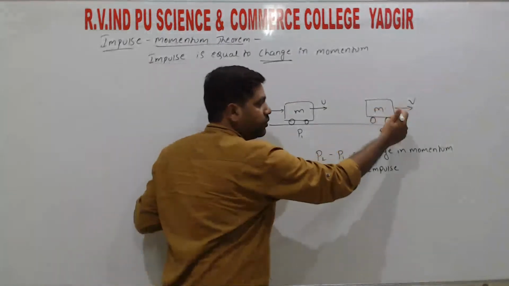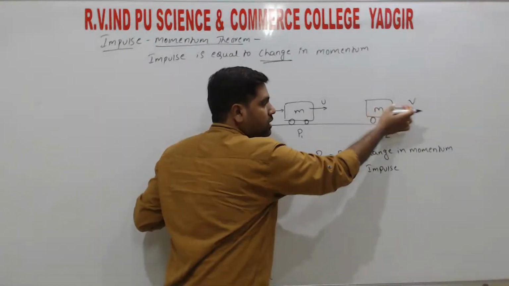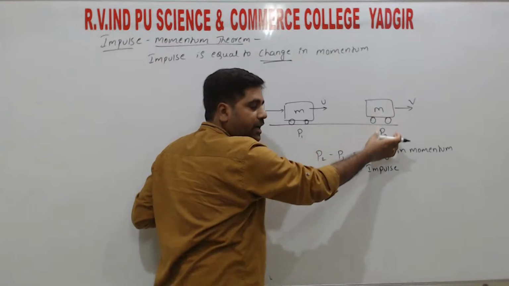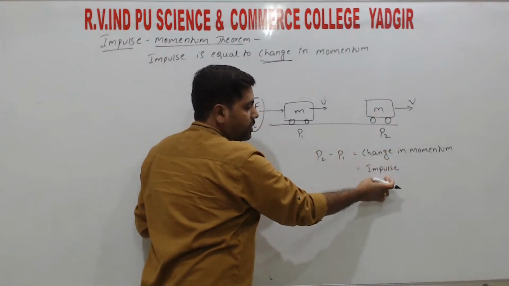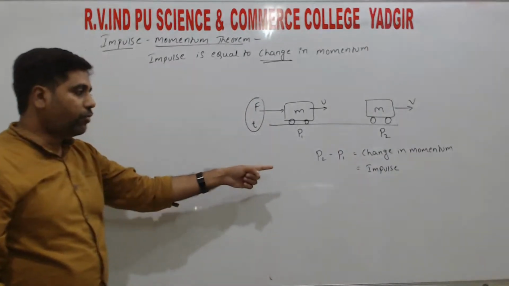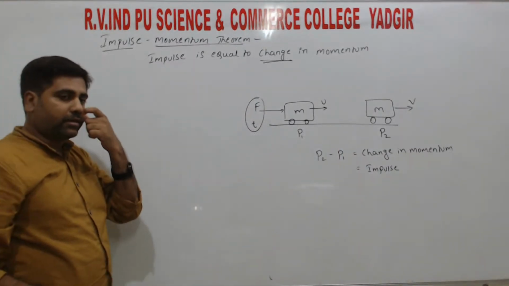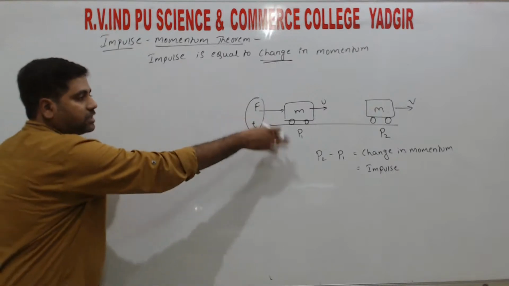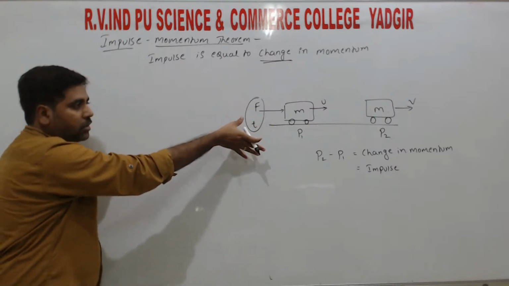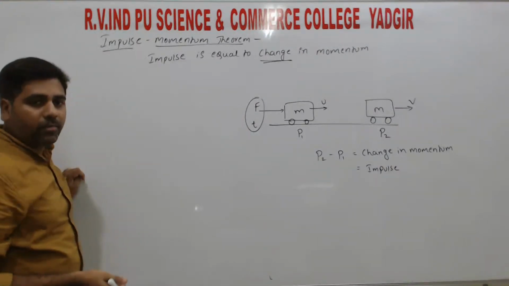Again the object has mass and velocity, so it has momentum. The change in momentum is equal to impulse. We need to prove this mathematically, then only the statement is valid. This was just for understanding and explaining using the diagram.